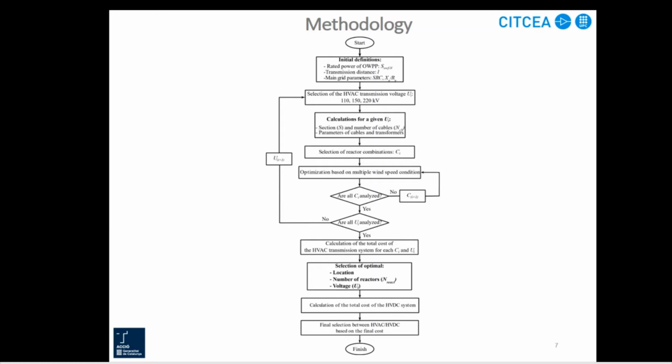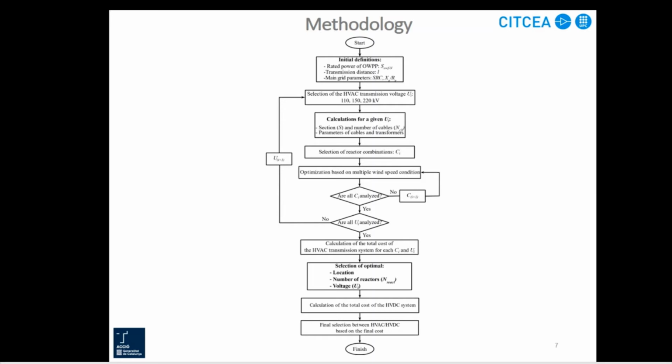We further move to the optimization, which is based, as I said, on multiple wind speed conditions, and we analyze all voltages and all combinations of models with different locations of reactors. At the end, the calculation is done. We are adding the fixed costs, and in total we have the total cost of the HVAC transmission system.